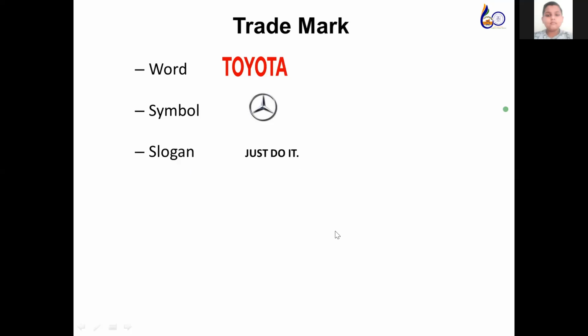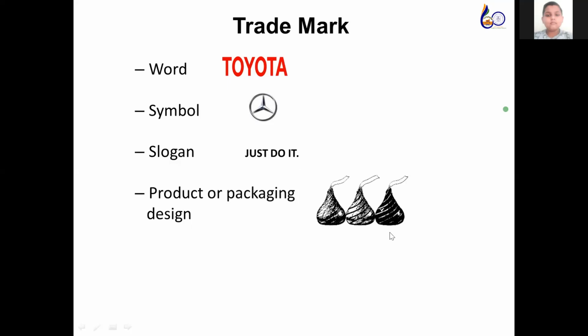This is slogan है, just do it. It can be word, symbol, slogan, product or packaging design also. It can be that like ये किसी ये टॉफीज वगैरह है। Okay, it's a particular shape is there.